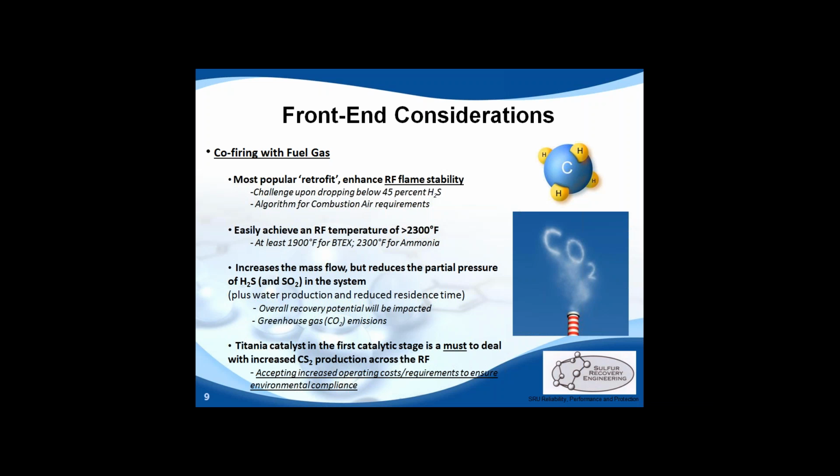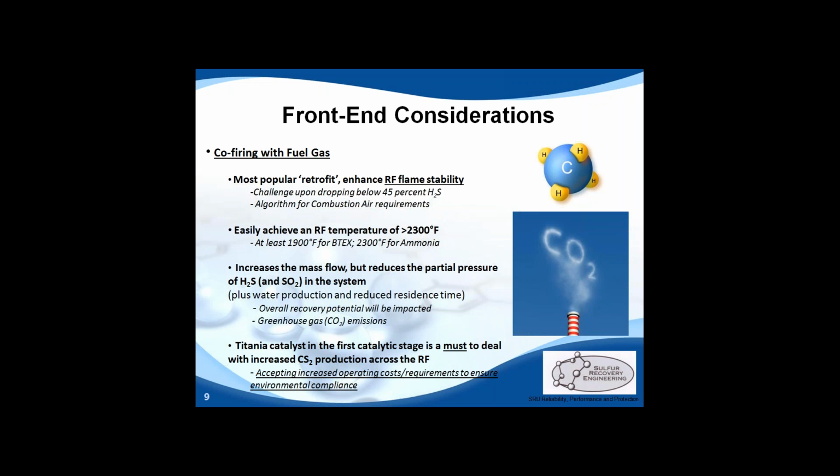If not destroyed across the reaction furnace, ammonia salts can begin to precipitate out as we get cooler in our process. Specifically in our final condenser, that could decrease overall mass transfer in our condenser, and that will impact overall sulfur recovery.